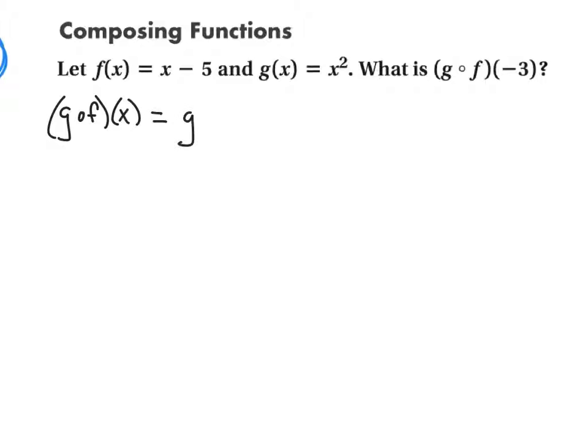That means I take my g of x function and I plug into it my f of x function. How do you remember which one goes on the inside? When you look at the first notation, you could put in one set of parentheses there, and it shows you which one's on the outside and which one's on the inside. Get what I'm saying?